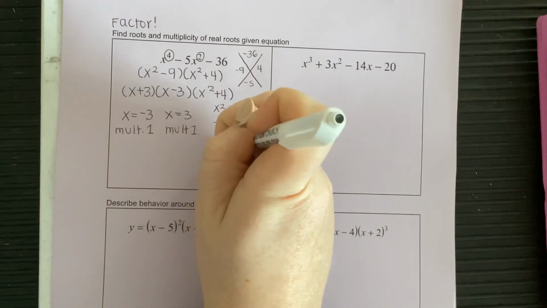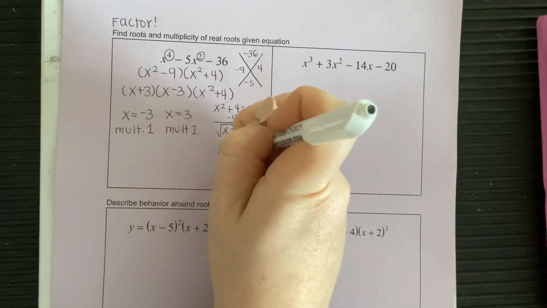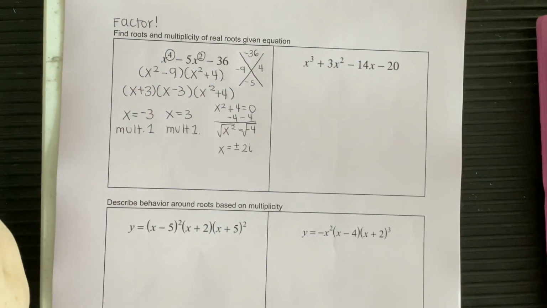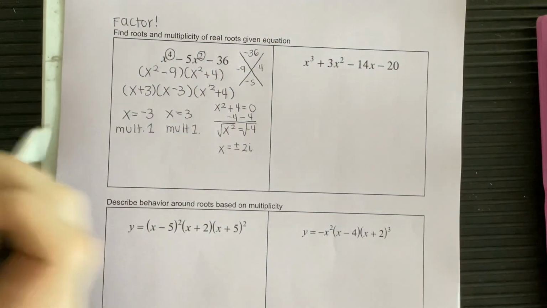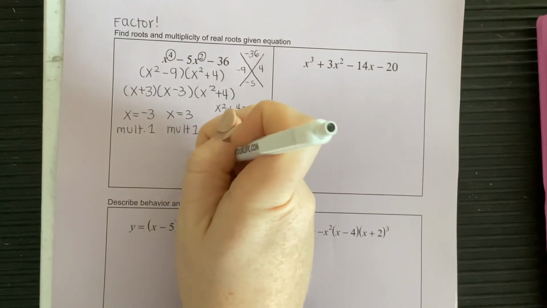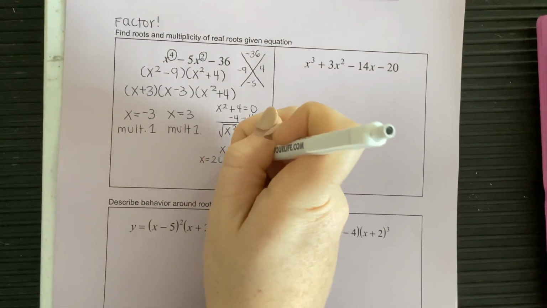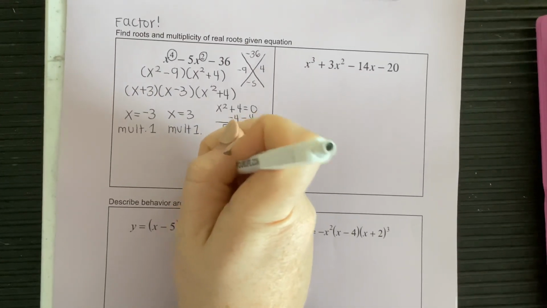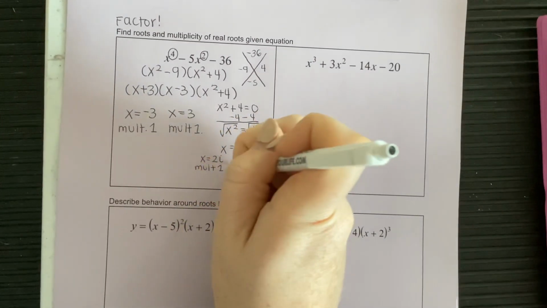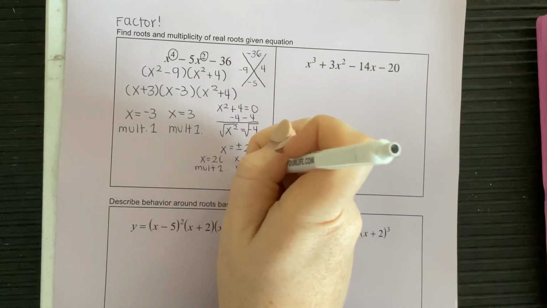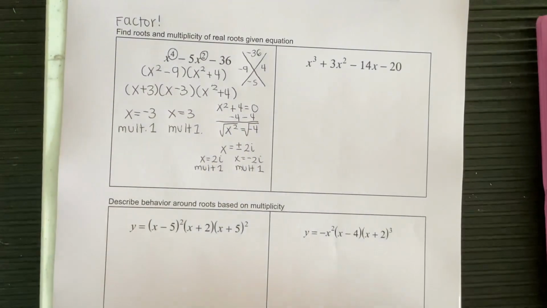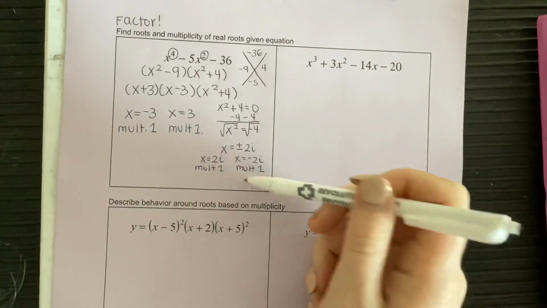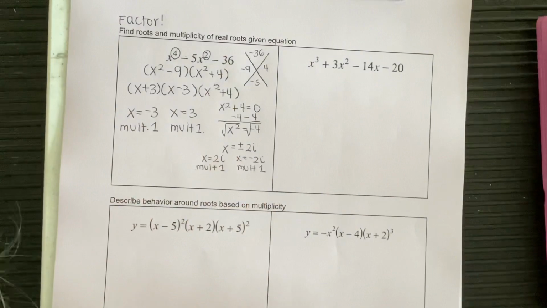So this is x equals plus or minus 2i, which is the same as x equals 2i and x equals negative 2i. So both of these have a multiplicity of 1. Remember, your multiplicities should add up to your degree. So 1 plus 1 plus 1 plus 1 gives us 4. So that checks.